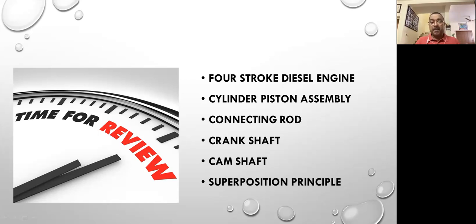The main part of the engine is a cylinder piston assembly, and I told you that you are familiar with it. The most common cylinder piston assembly we are familiar with is a syringe.